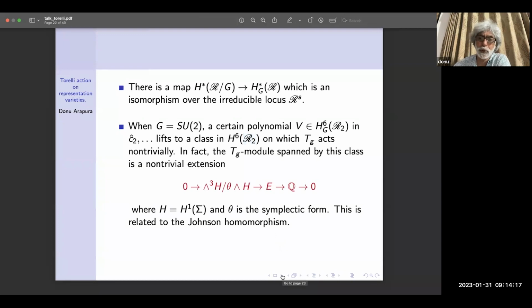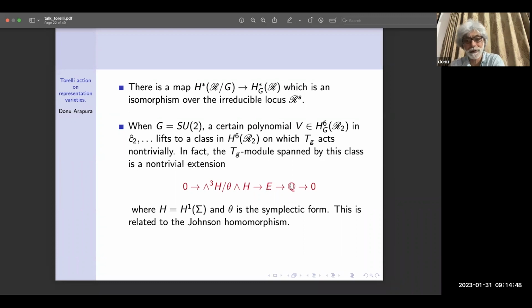Maybe this is more detailed than you want, but when I say non-trivial, you can actually say a little bit more in what sense it's non-trivial. If you take the lift of this class and look at it as a G module, then it fits into this extension, which is somewhat fundamental in this story.